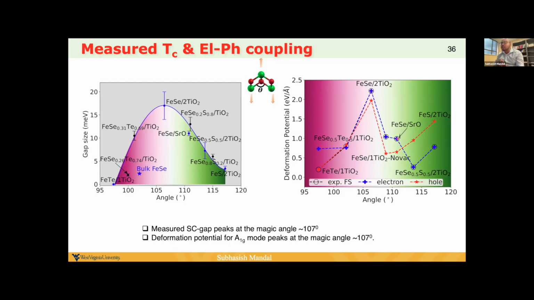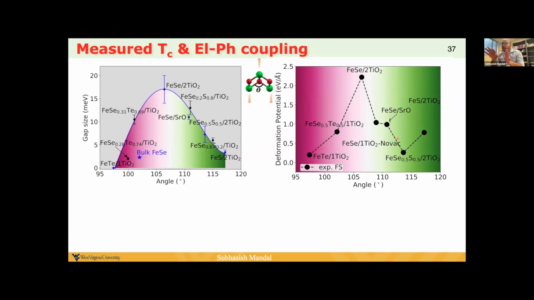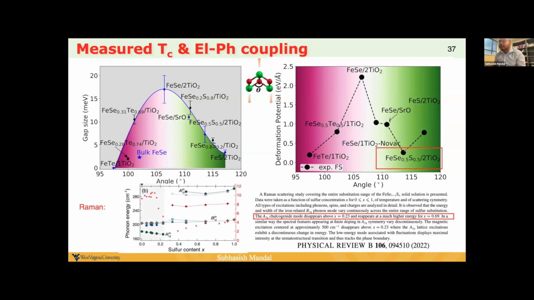And if we just plot that, the only experimental Fermi surface that shows the similar dome as TC goes up and down as we change the alloy concentration, except this FeSe 50% sulfur and 50% selenium. And it turns out that in this doping region, a recent Raman experiment shows that this A1g mode actually disappears in this particular concentration and again reappears. So this mode is not at all seen.